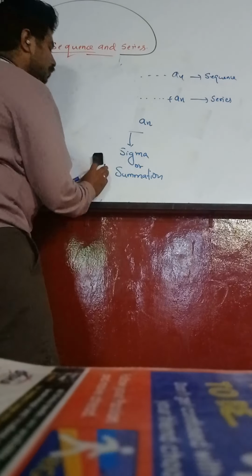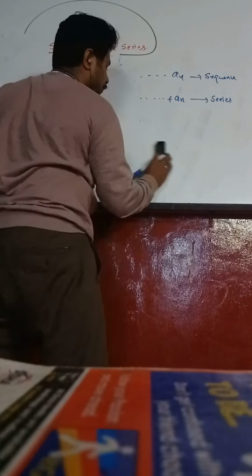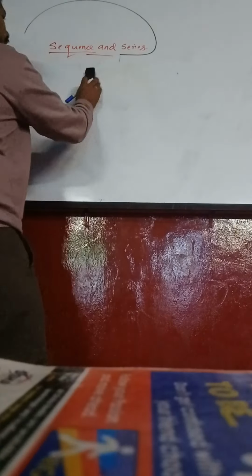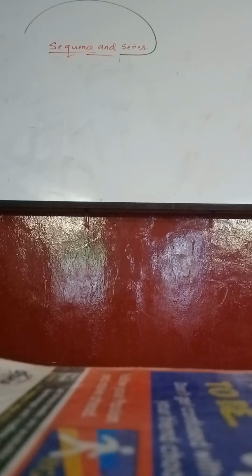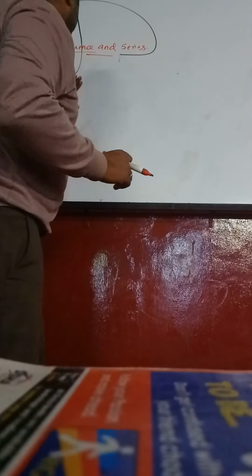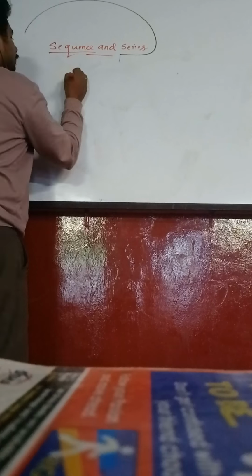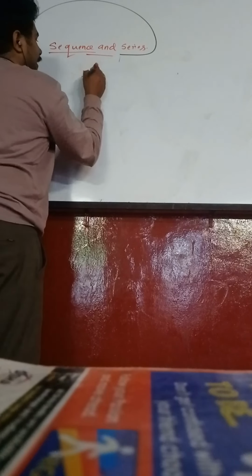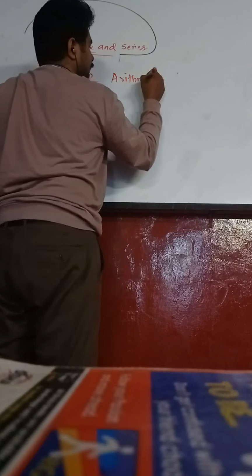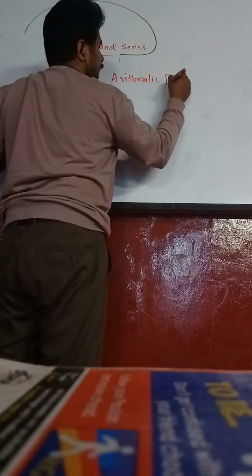Okay. The next we are going to study is about arithmetic progression, which we have already started in the 10th standard. Even though we need a little bit of information about this. Okay, first of all we are going to see what is an arithmetic progression.